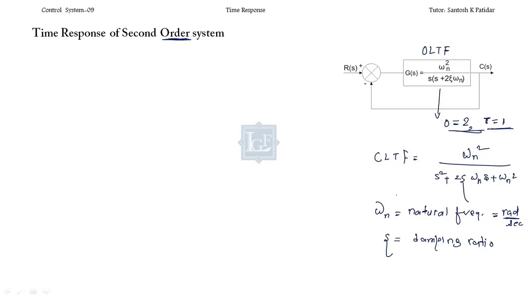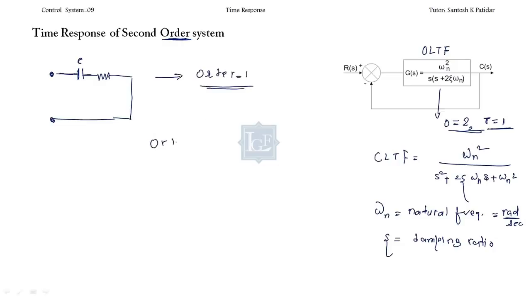Okay, so now we'll take the practical example of the second order. Earlier I told you, if you have some electrical circuit, suppose in that electrical circuit you have only one energy storing component, like a capacitor in the circuit, so the order of the system will be one only, correct?